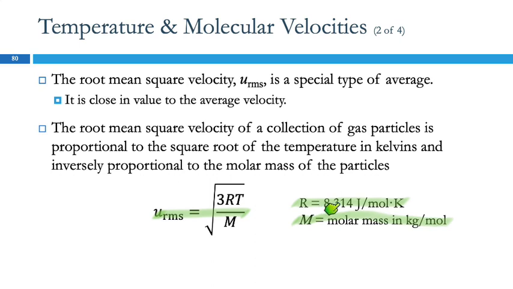We're going to use 8.314 joules per mole Kelvin. The molar mass here needs to be in kilograms per mole, not in grams per mole. I'm not going to try to trick you with that, but it's there, and students often forget about that. So watch out for that.